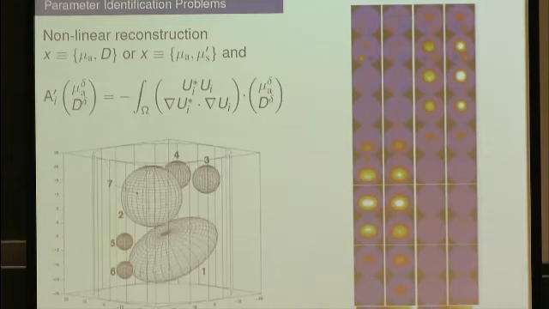This is a phantom, a numerical phantom with various objects with different sizes and different contrasts. On the left, the first column is the absorption coefficient target distribution, and this is its reconstruction, and this is the scatter distribution and its reconstruction. This is done in a typical way where you use a high resolution mesh to generate the data, and a lower resolution mesh for the reconstruction.